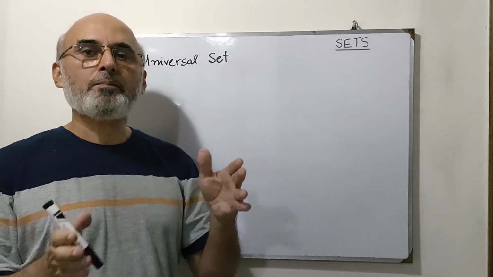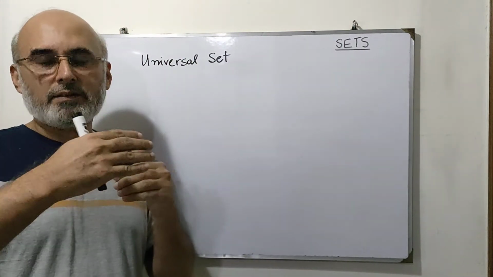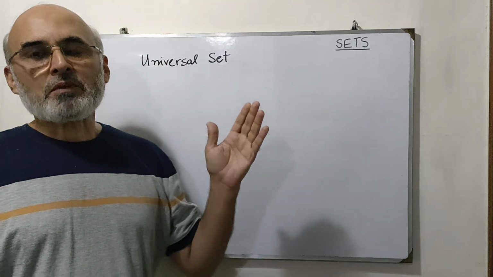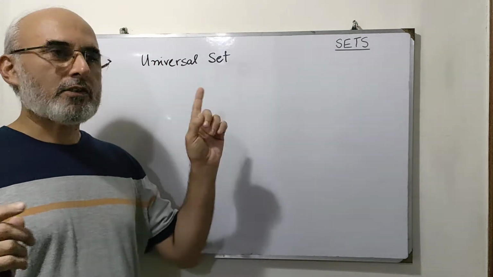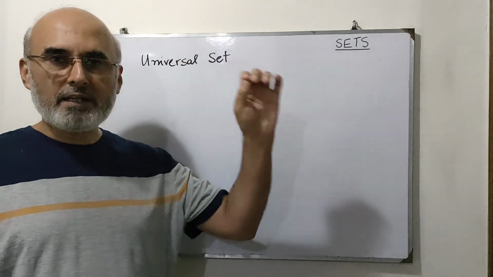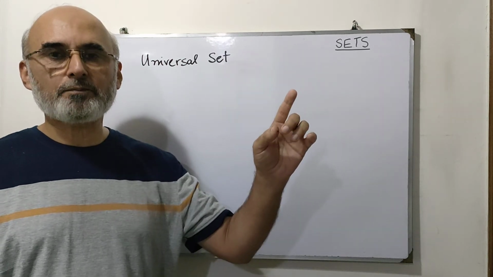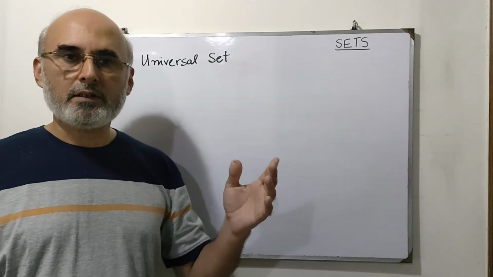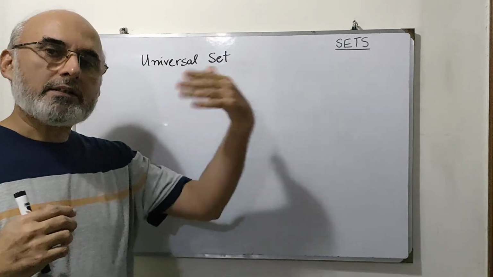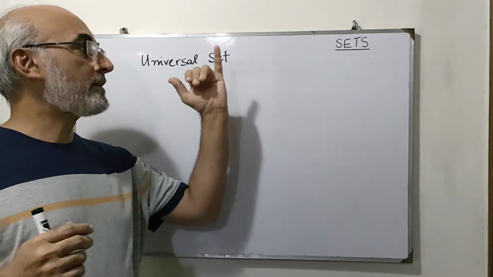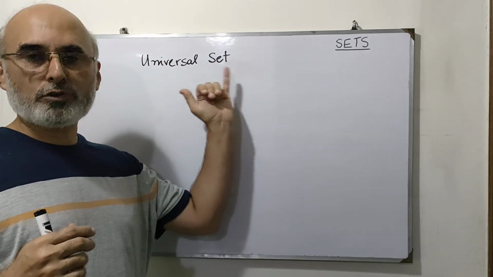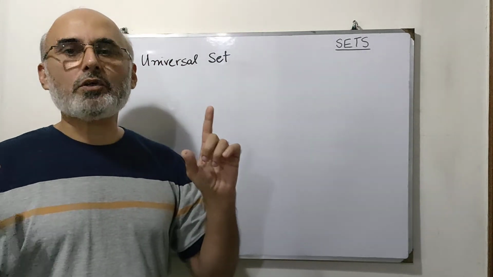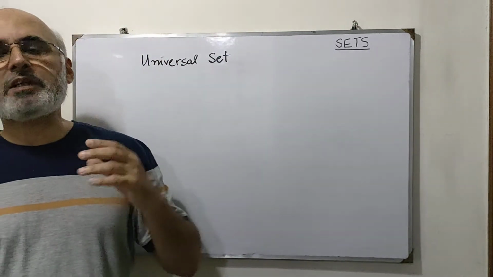A subset is part of that set. We'll talk about subsets later, but let's talk about universal set. It's a set of all the elements or objects, and all the other sets are actually the subsets of this universal set.